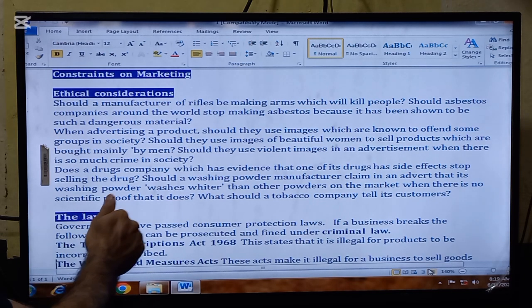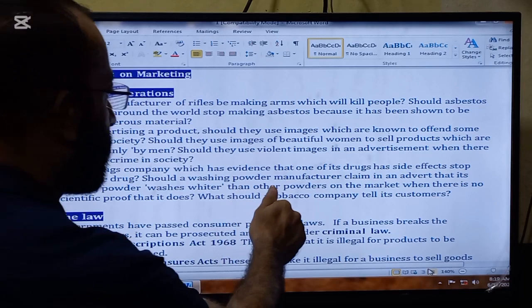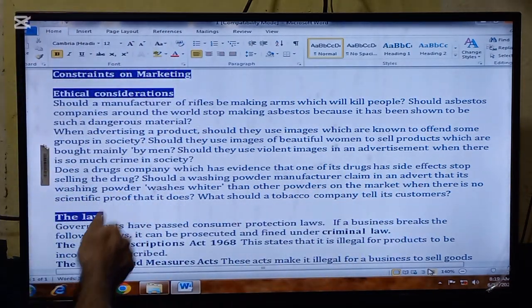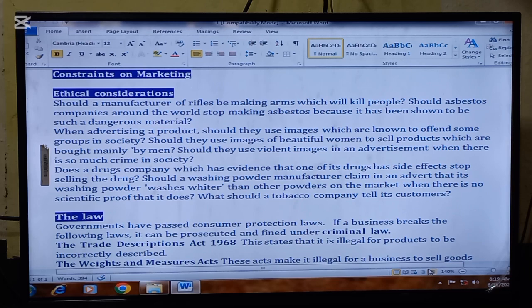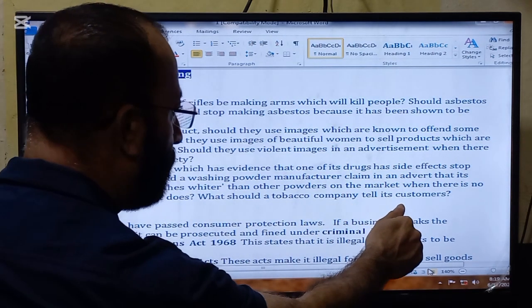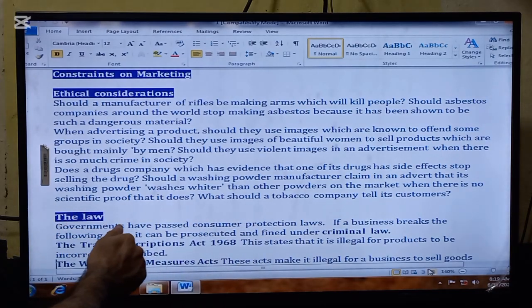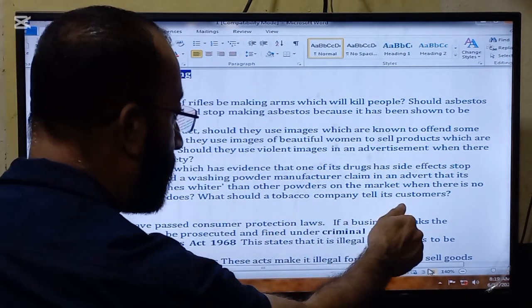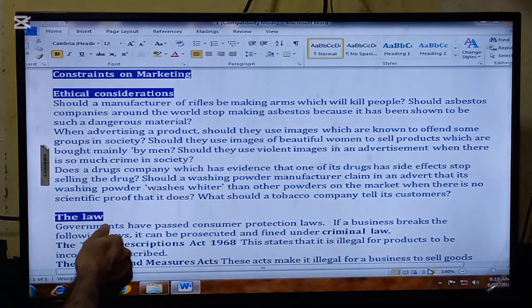Does a drugs company which has evidence that one of its drugs has side effects stop selling the drug? Should a washing powder manufacturer claim in an advert that its washing powder washes whiter than other powders on the market when there is no scientific proof that it does?